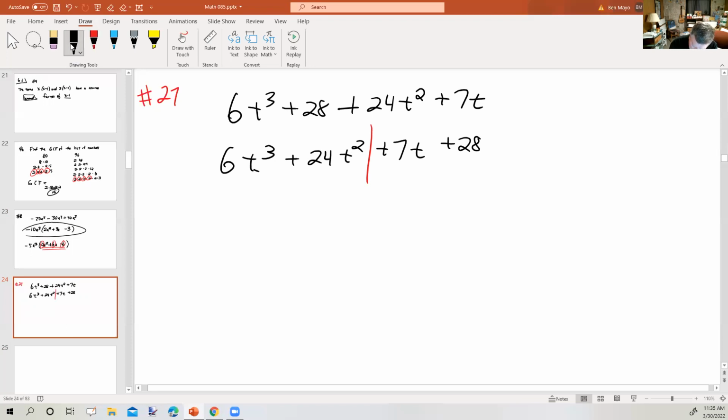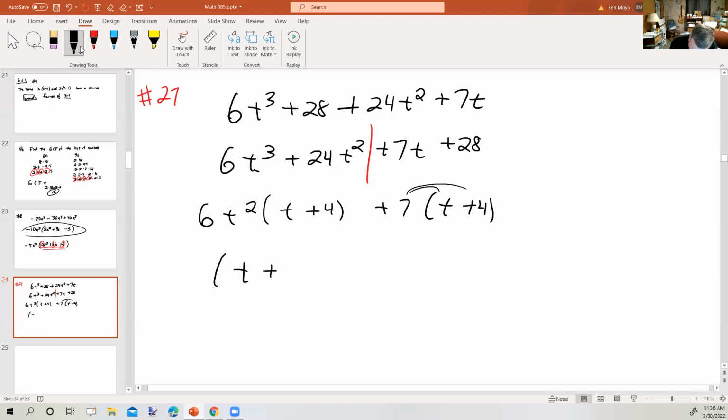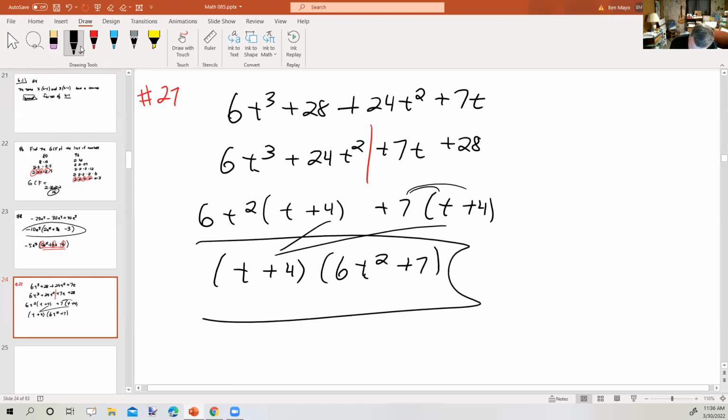The first two, the greatest common factor is what? 6t squared. So we've got a t plus 4 left over. So over here, we have to have a t plus 4 because these have to match. And then we'll take out a plus 7, which gives me plus 7t plus 28. Then taking out the greatest common factor of both of those, and then the leftovers there. So there's your answer. Any questions on that one?